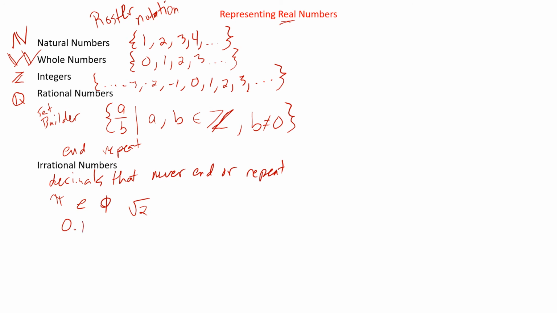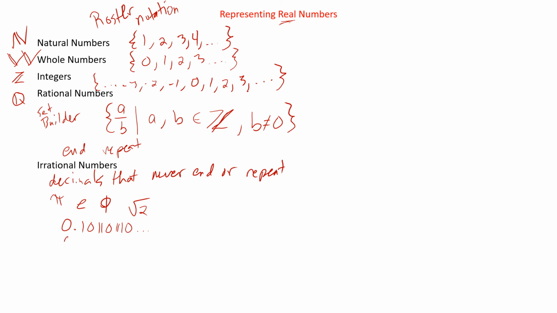Well, we could go 0.101101110 and so on. There's a pattern to it, yes. But does it ever end? Do I have to stop doing what I'm doing? No. Is it ever going to have to start repeating itself? No. I can keep going, adding one extra 1 on each of those.